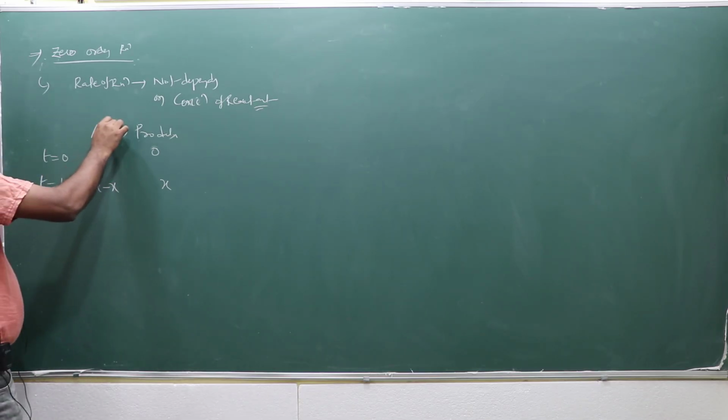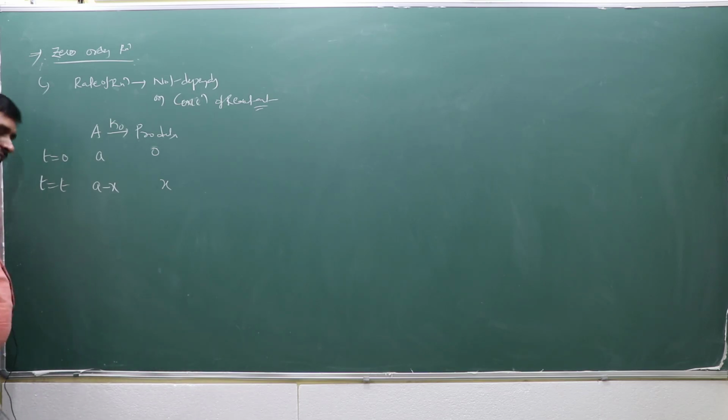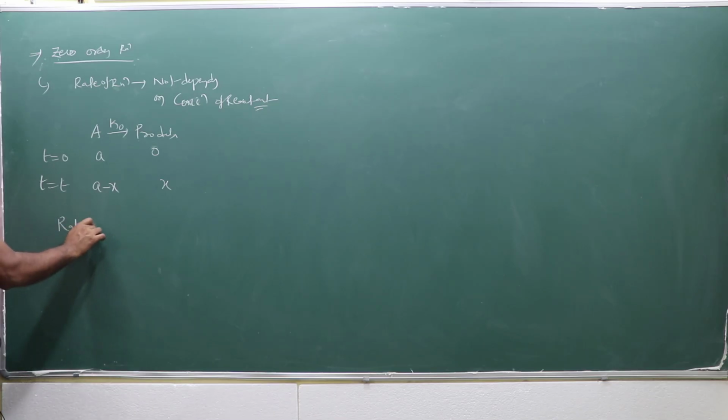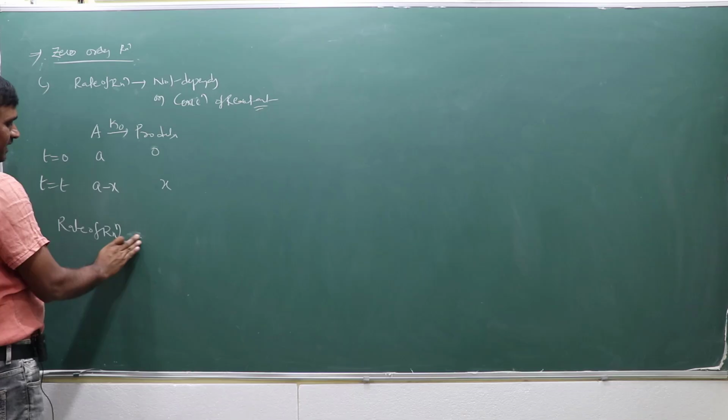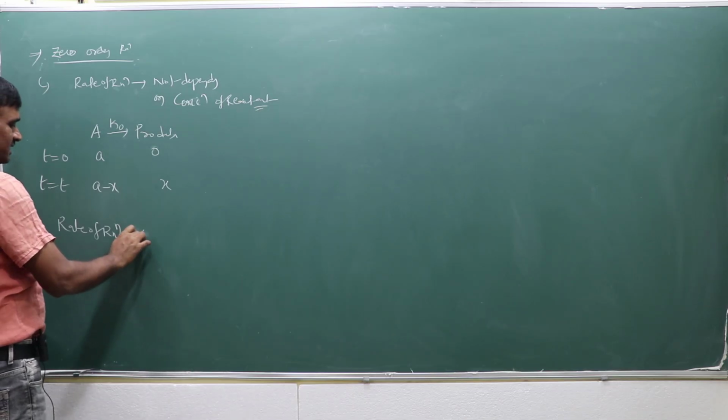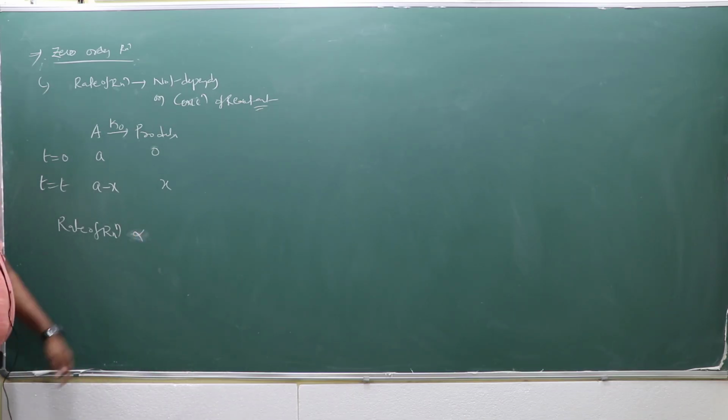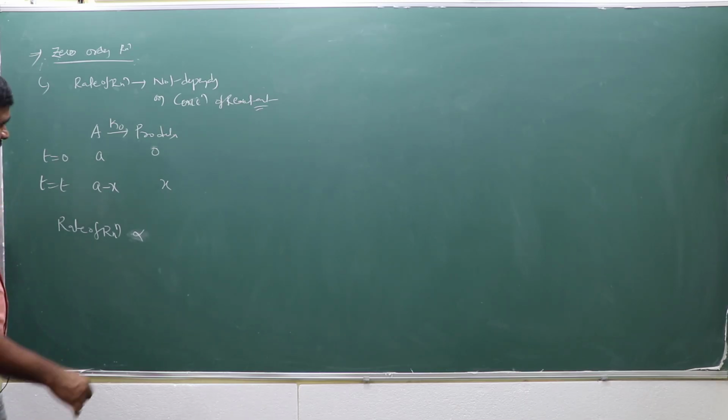So the rate of reaction here in this case, suppose k naught, if it is 0 order, we may consider k naught. Generally, the rate of reaction is directly proportional to the concentration of the reactant molecule.